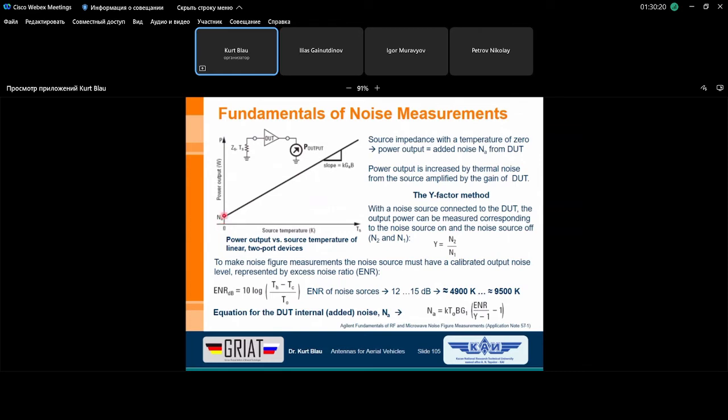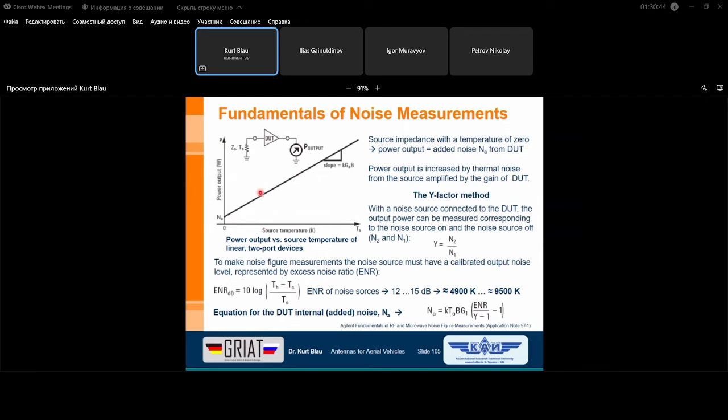This is shown here. Okay, but the device under test, for instance an amplifier, has an amplification. And if we look at our source temperature, this should be 290 Kelvin. Then we can determine this point.